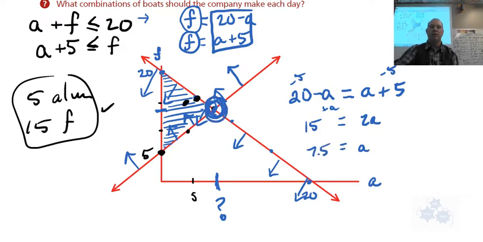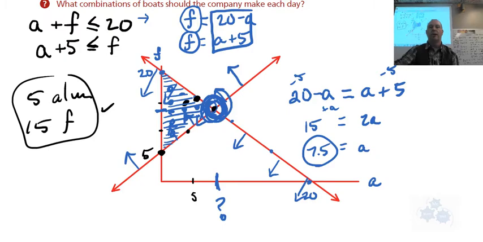So this doesn't equal a whole number, right? Which, again, if we're talking about our feasible region, we shaded this, but really we should only be considering whole numbers of boats, right? It doesn't make sense to make a partial number of boats. So this point right here is not going to be a possible solution because we have a is 7.5, right?